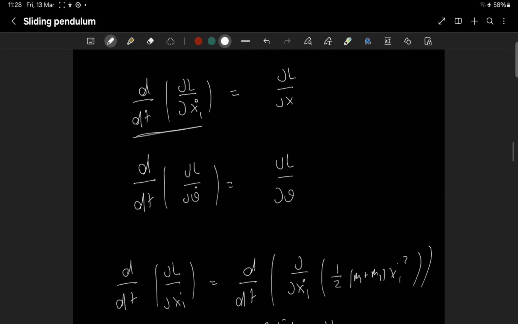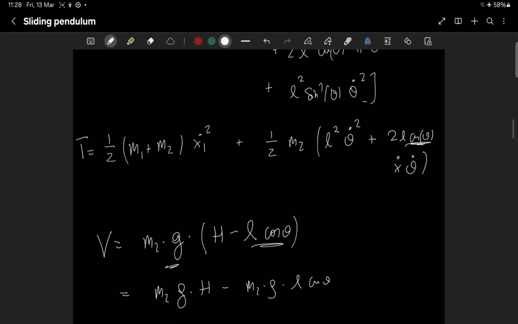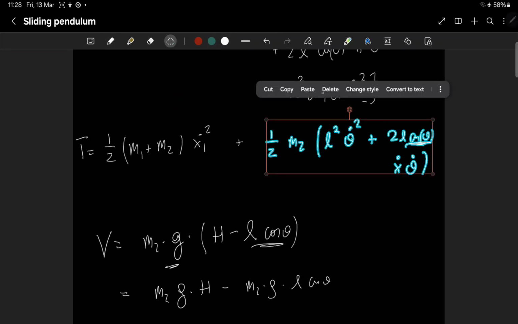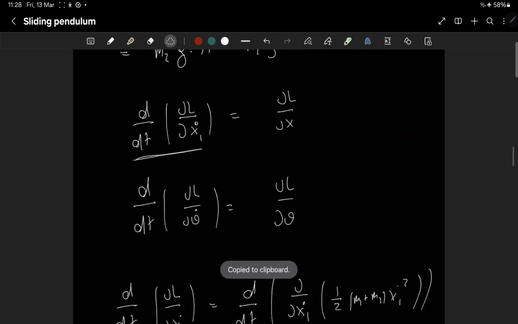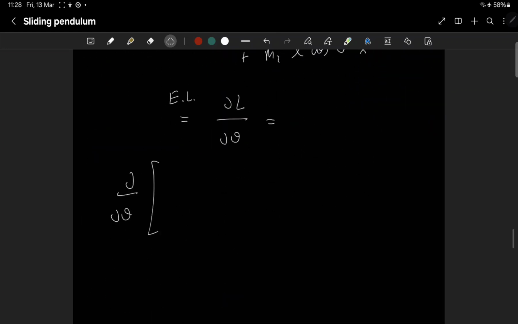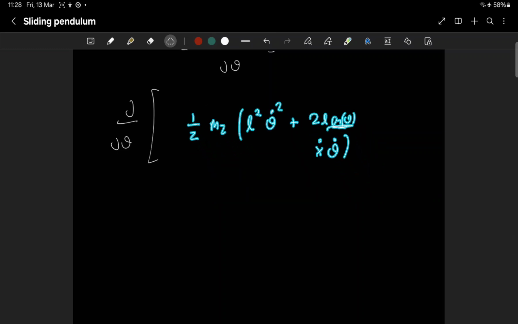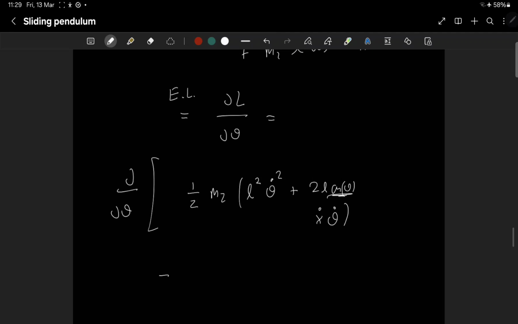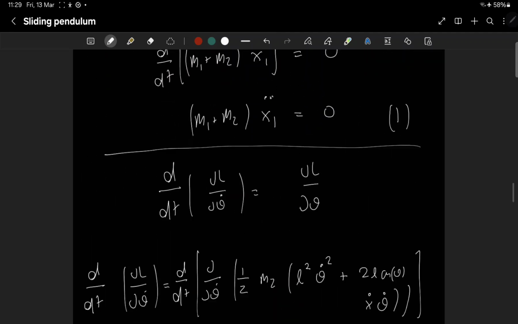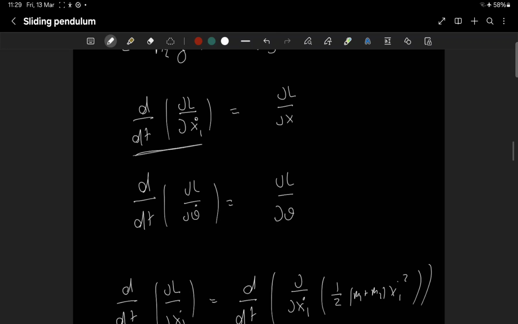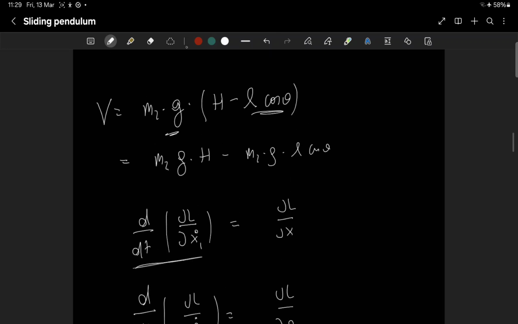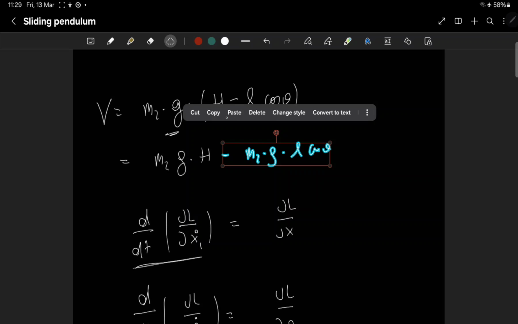We take the kinetic energy, paste it in here, and then minus the potential energy with respect to theta derivative, and that's just this term over here.